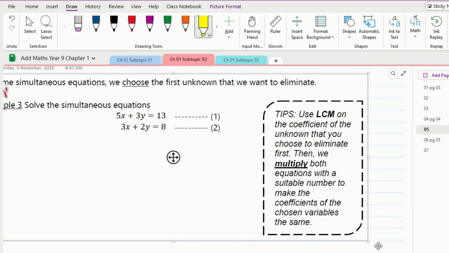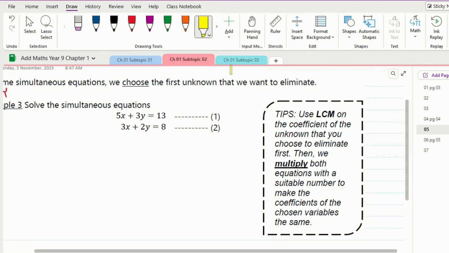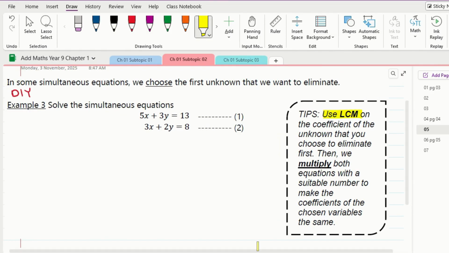Then you can multiply both equations with a suitable number to make sure that the coefficients of the chosen variable are the same.